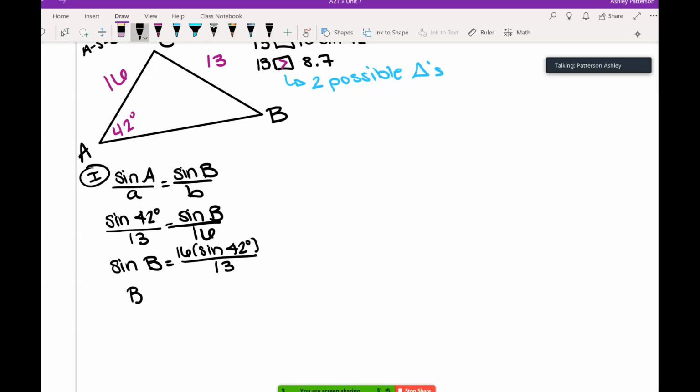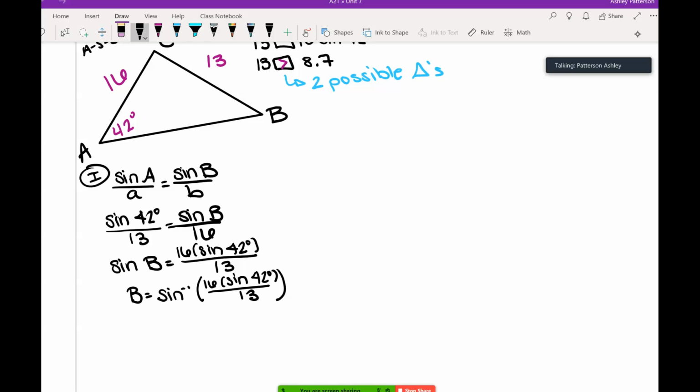I'm then going to take the inverse of the ratio because I'm trying to find the angle measure. So 16 times the sine of 42 divided by 13, inverse sine.